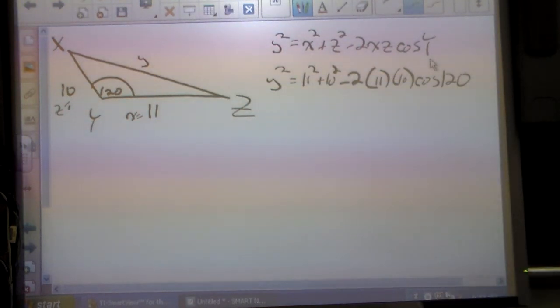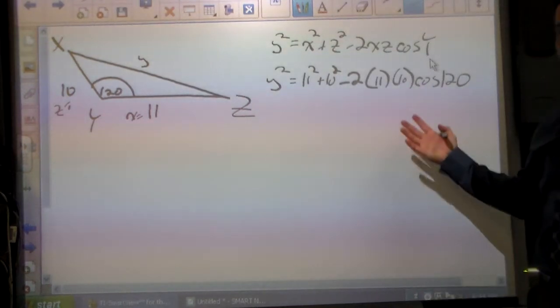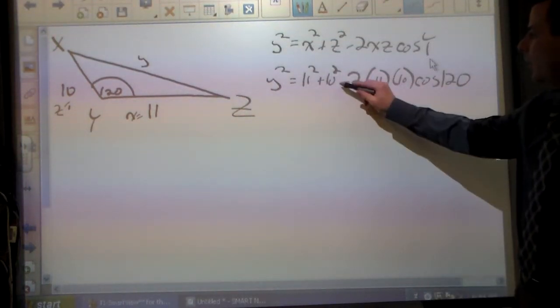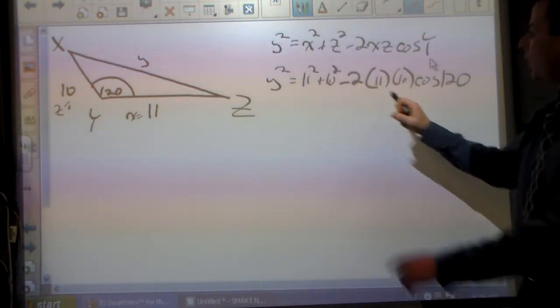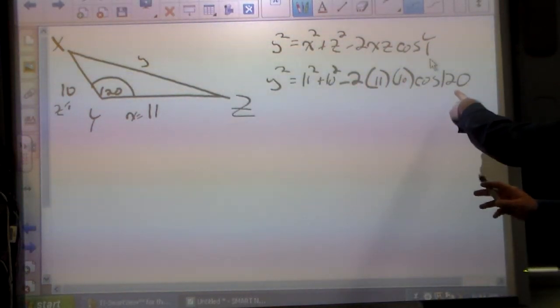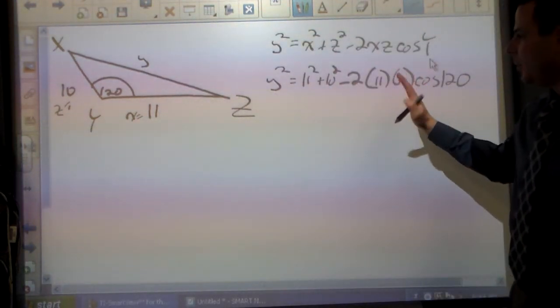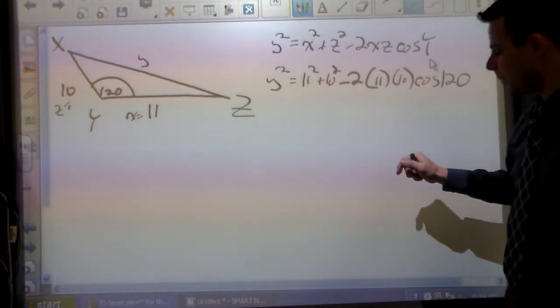And we're going to plug it in just the way it looks. If you want to do this by hand, I wouldn't recommend it just because it's all one line in the calculator. Just remember your order of operations here and make sure you're doing negative 2 times 11 times 10 times cosine of 120. Then you're adding that to 11 squared and 10 squared. So just be wary of your order of operations here.